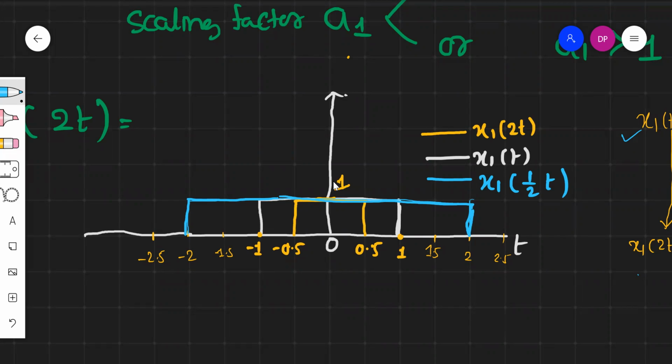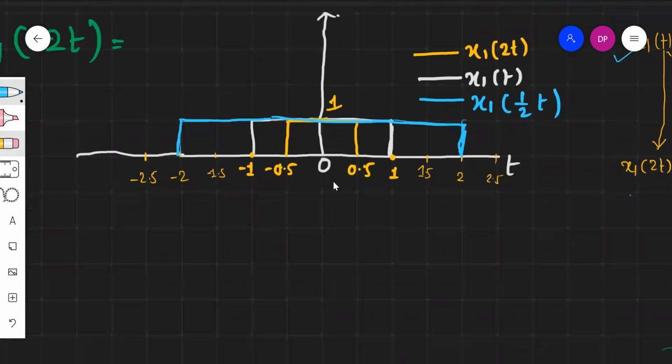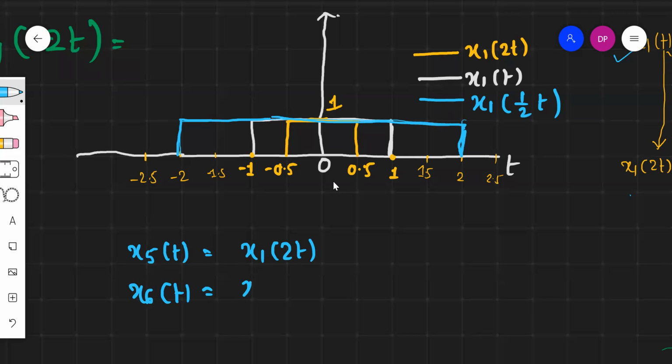So if I take, let's say, two signal expressions, x5 of t equal to x1 of 2t, and x6 of t equal to x1 of half t.